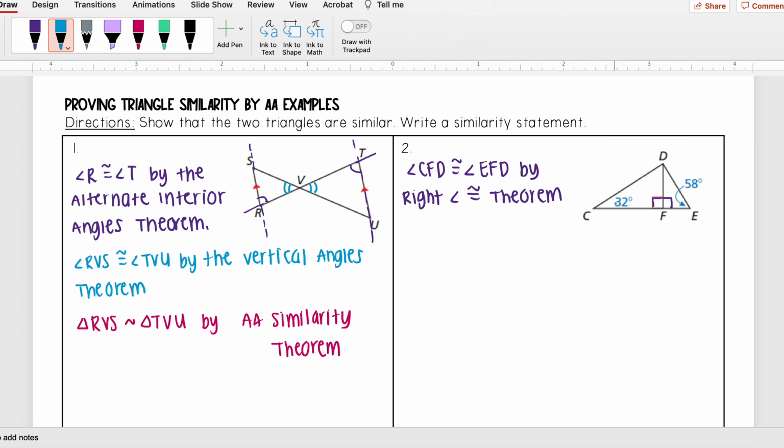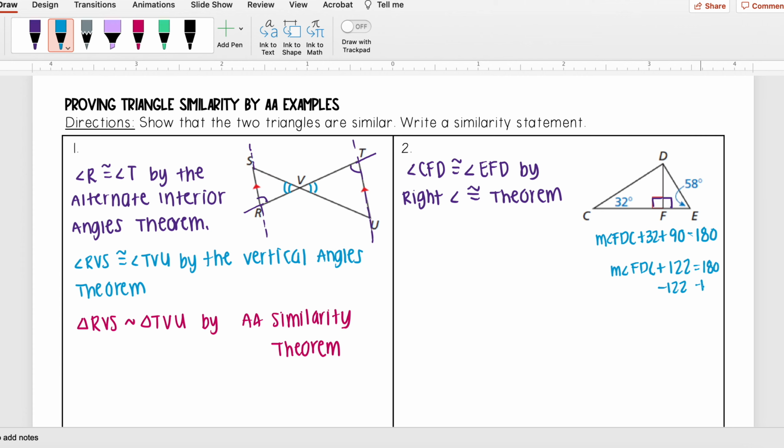And then I see that angle C is 32 degrees and angle E is 58. I don't know the angle of FDC or FDE on either, so I need to use my triangle sum theorem to figure this out. I'm going to try to find the measure of angle FDC. Doing some side work over here, I see that the measure of angle FDC plus 32 plus 90 equals 180. 32 plus 90, I get 122.